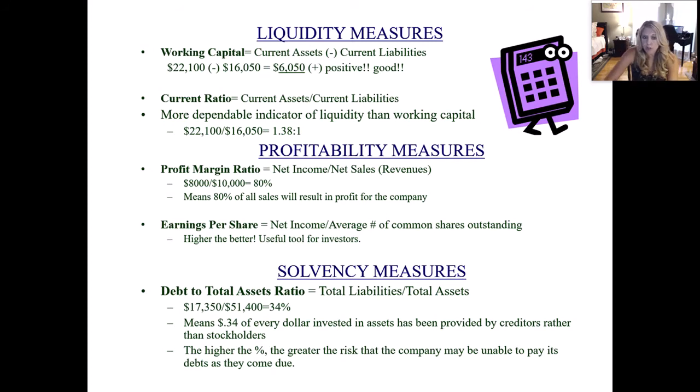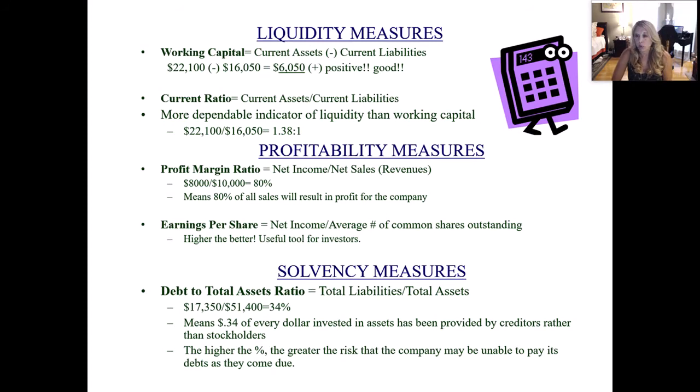Okay, the one solvency measure I'm going to mention is your debt to total assets ratio. Here you're going to take your total liabilities divided by your total assets. So it's not the current, it's the total as a whole, measuring long term. So it's $17,350 of total liabilities divided by $51,400 of total assets to give us 34%.